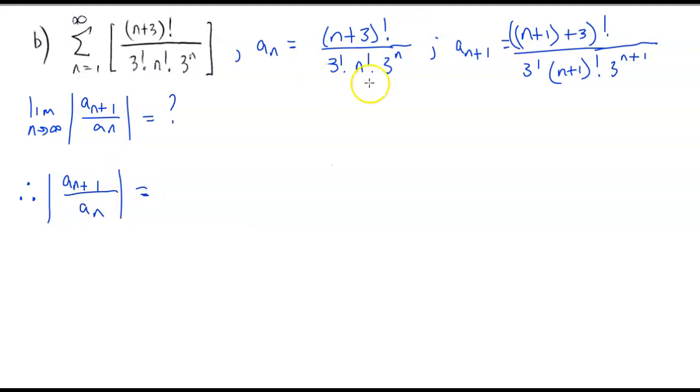We'll rewrite the a sub n plus 1, and if we simplify what we have here, this will be the same as n plus 4 factorial over 3 factorial, and then we have the n plus 1 factorial here, and 3 raised to the n plus 1. I'm going to clean this up to make it look a little bit nicer.